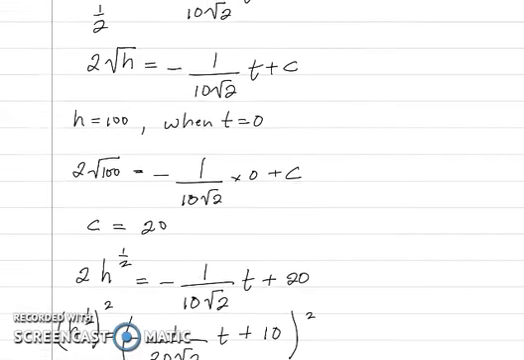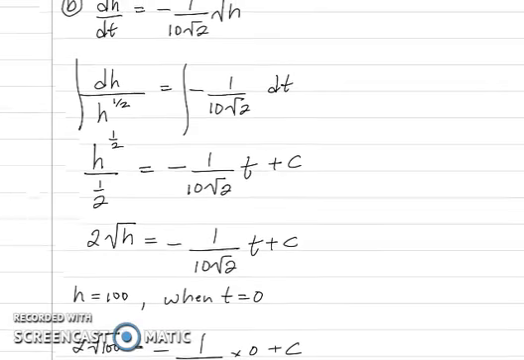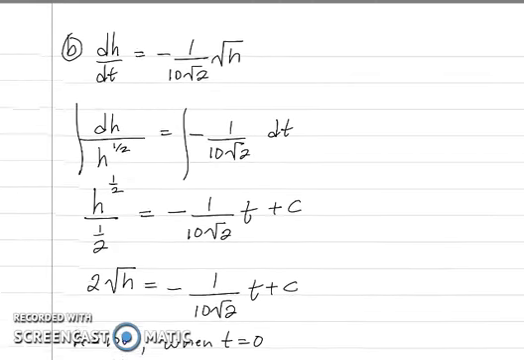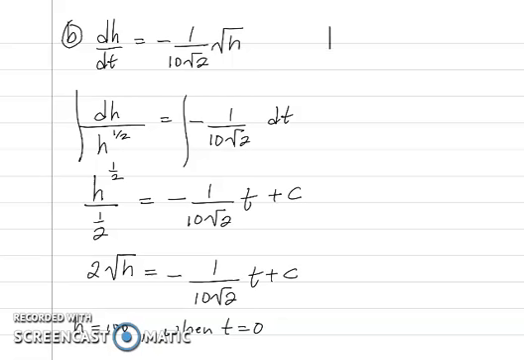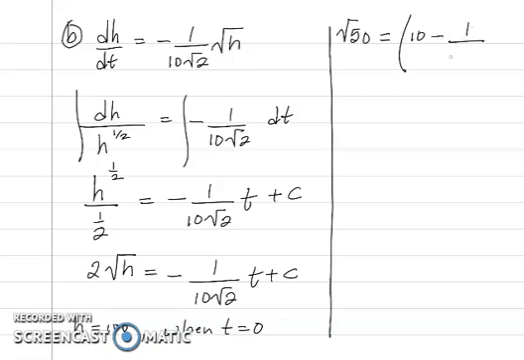I'm going to find the square root of both sides. So I'm going to get the root of 50 is equal to 10 minus 1 over 20 root 2 t.